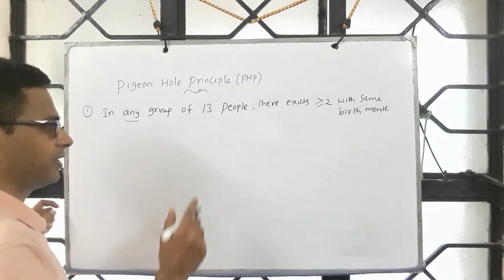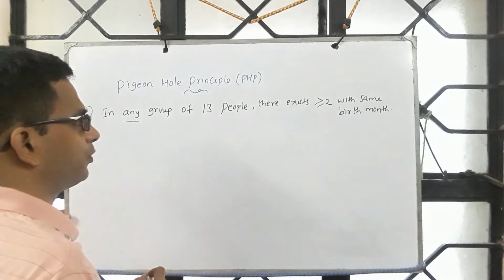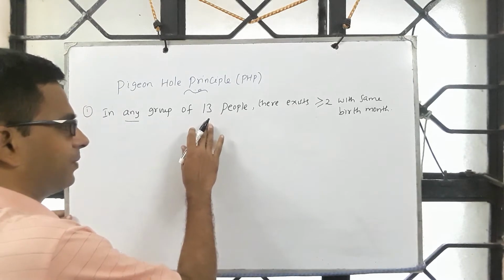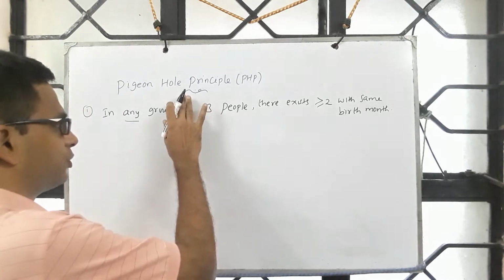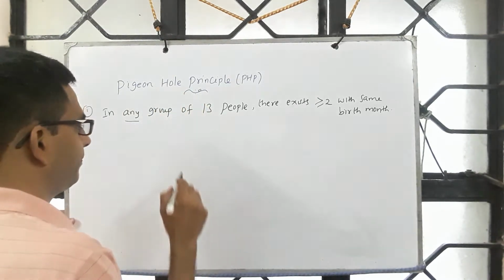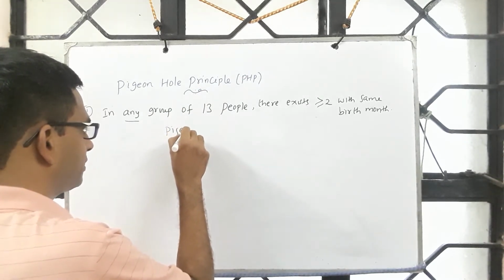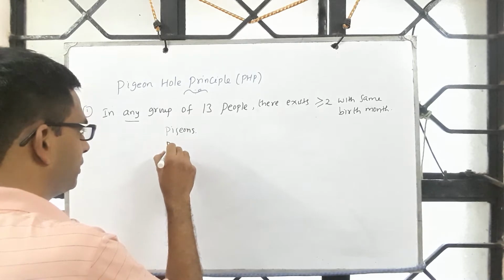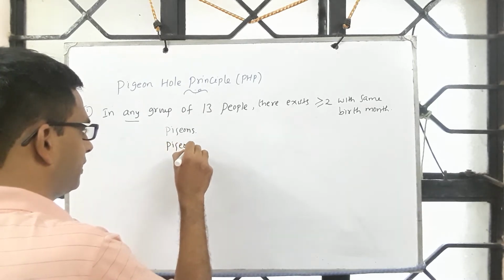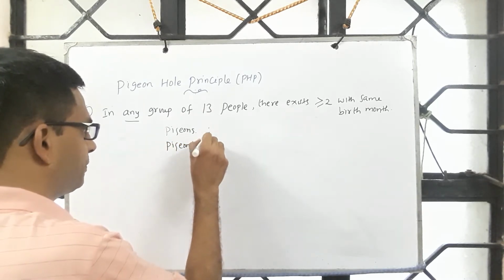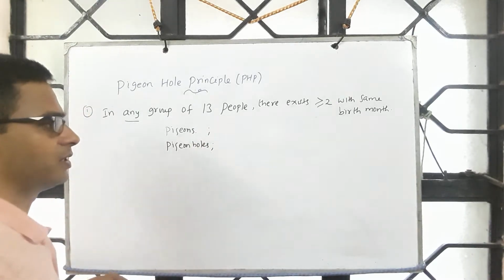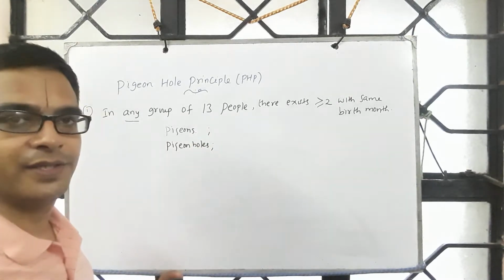So the first thing in proving a claim like this, and suppose you have decided to use PHP, you have to identify what are pigeons and pigeonholes. Then choose which of the 3 principles should be used to complete the argument.